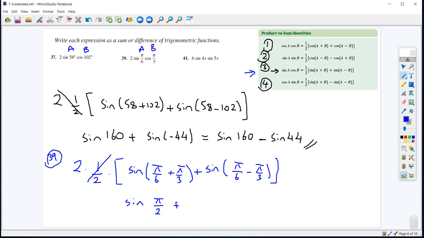Plus, if you subtract the pi over 3 from pi over 6, that will be a negative pi over 6.